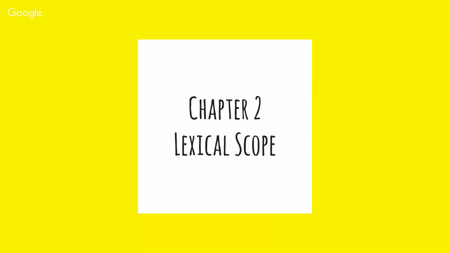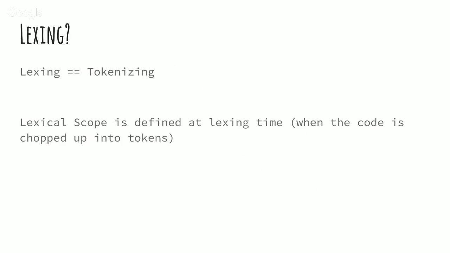Okay, so lexical scope. So lexing, what is lexing? It's tokenizing, and that was the first step that we saw in our compiler, where it takes the code and chops it up into little bits of stuff. Yeah, it's chunking. That's a word I haven't heard before. That's what I call it. I like it.